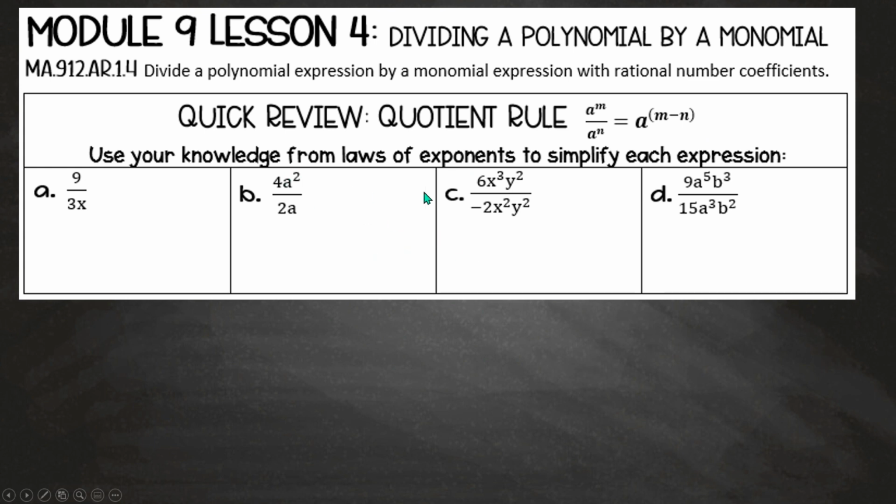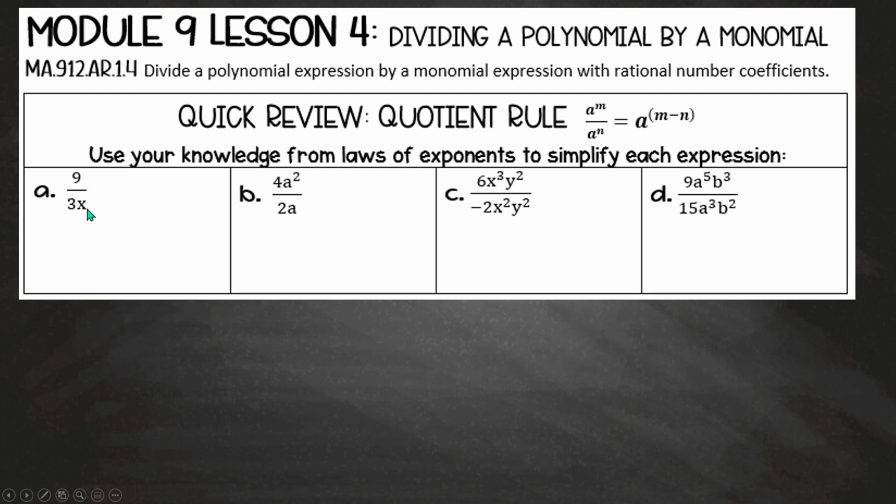So just a quick review of our quotient rule that we learned in a previous lesson or previous module. That states that a to the power of m divided by a to the power of n, okay? So if we have something to a power of m and something to a power of n, what we're doing here with this quotient rule is we are subtracting those exponents m and n, okay?